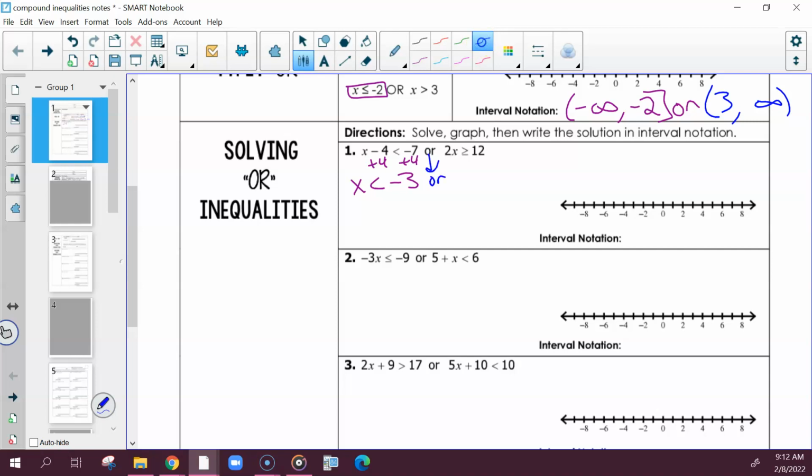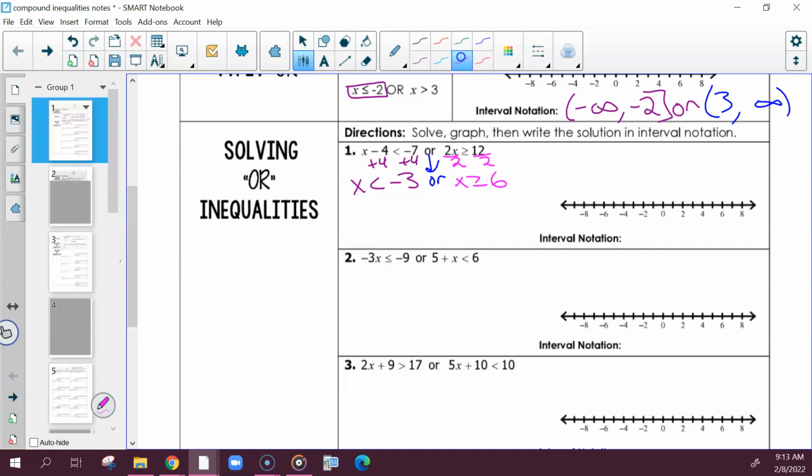Always bring down the or, and then solve the other side. So in this case, we would be dividing both sides by 2 to get x by itself. So this one would be x is greater than or equal to 6.